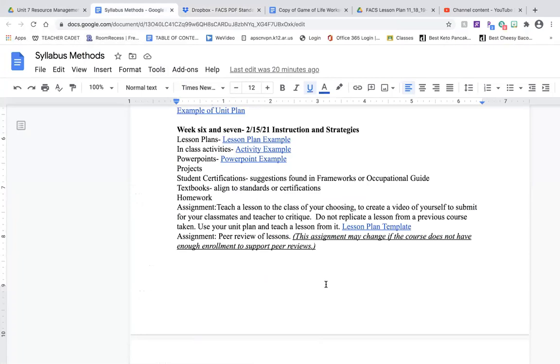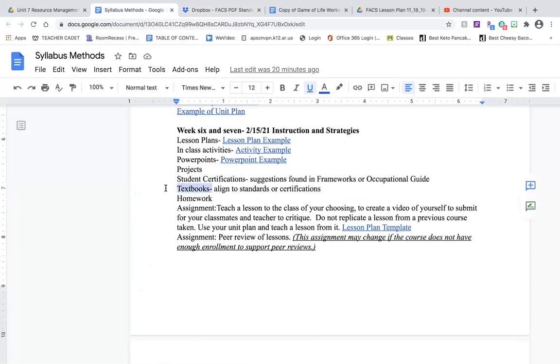Let's see, the next thing, textbooks. I don't use textbooks that much for high school students because, believe it or not, we have students that can't read or are dyslexic, so I don't assign a lot of textbook readings if I can help it.